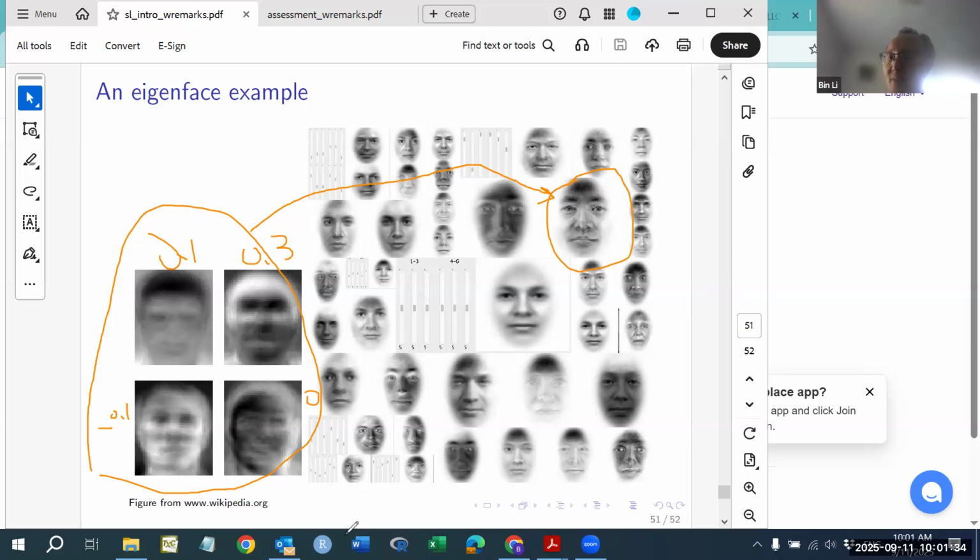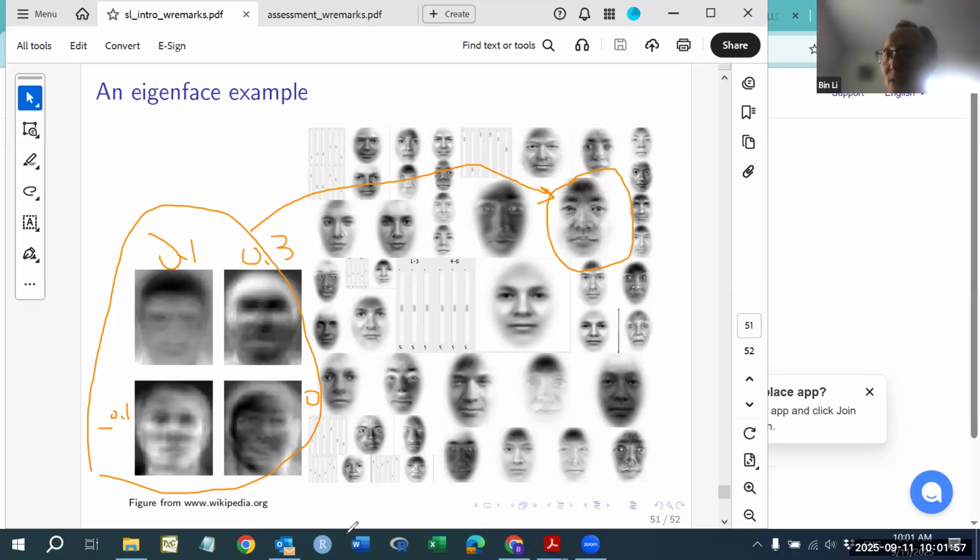So instead of storing these millions of pictures, maybe we can just store a few eigenfaces. Then all the pictures that you stored can be represented by a numeric vector, which is the weighting scheme for these eigenfaces.